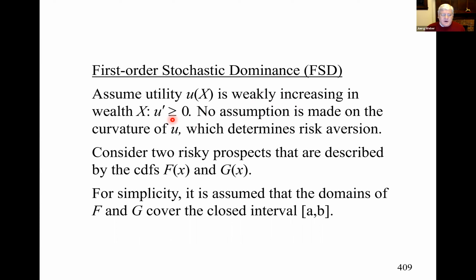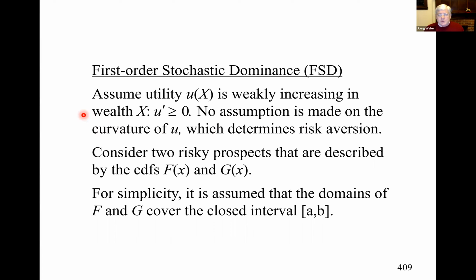The utility function is upward sloping. We don't say anything on the curvature, so people may be risk averse, but they also may be risk neutral or risk loving. So we make a very weak assumption on the utility function.